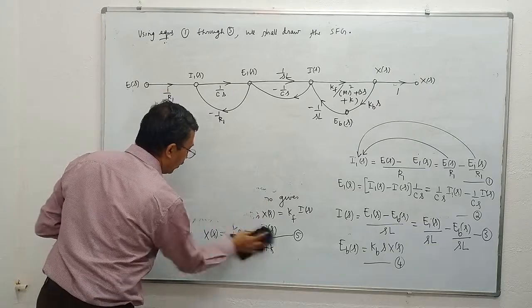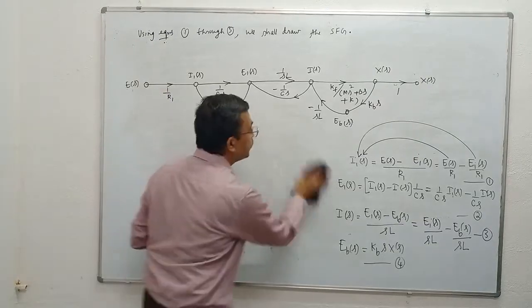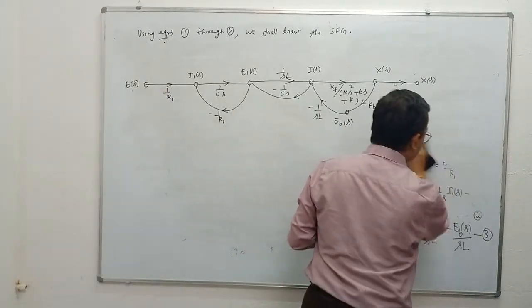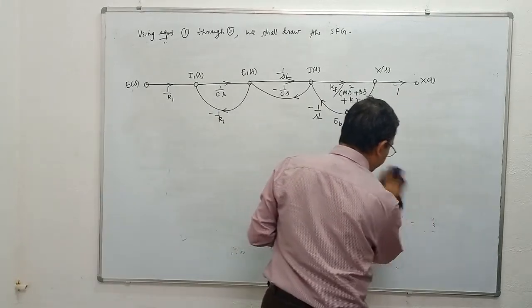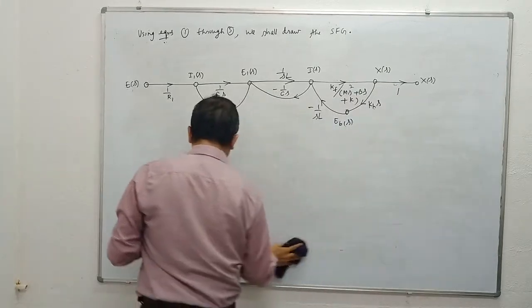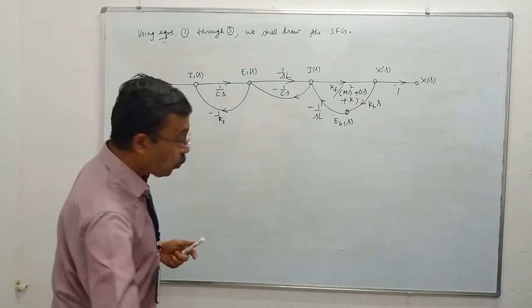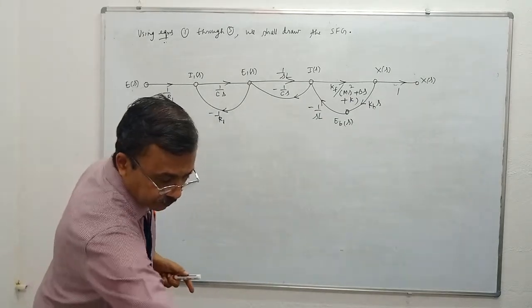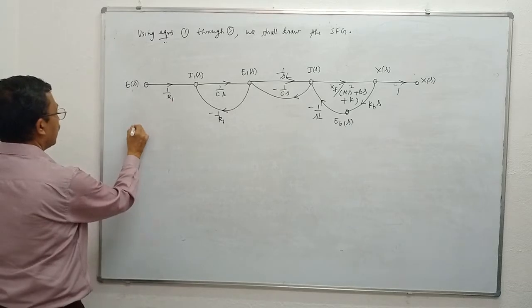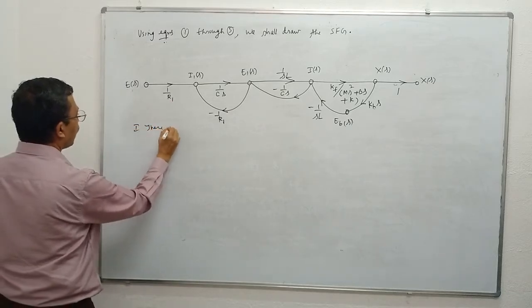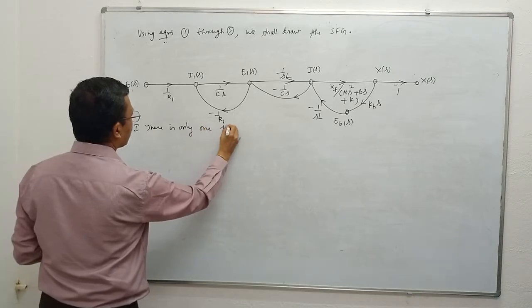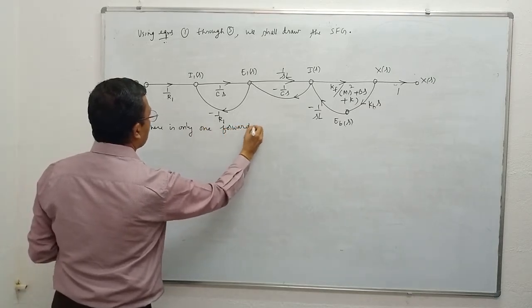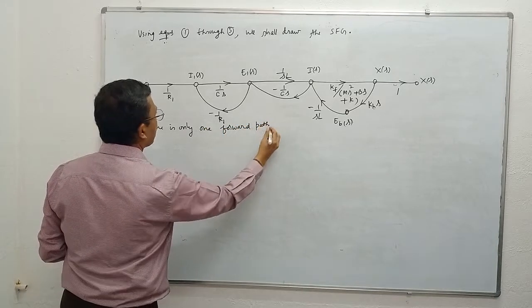Now we shall apply Mason's gain formula. There is only one forward path.